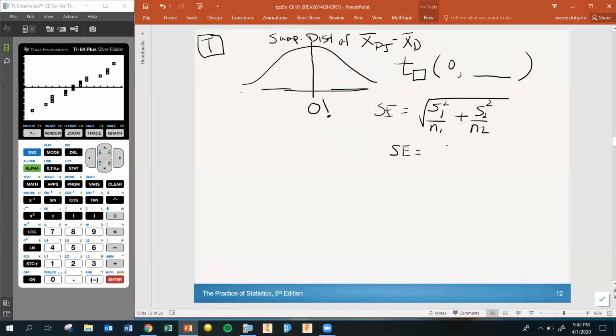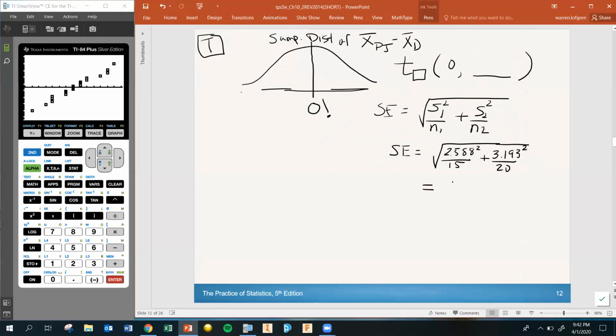We have those values from our sample statistics. So I'm looking back on my notes here. The standard deviation of Papa John's was 2.588, and there were 15 of them. The standard deviation of Domino's was 3.193. That gets squared. There were 20 of them.